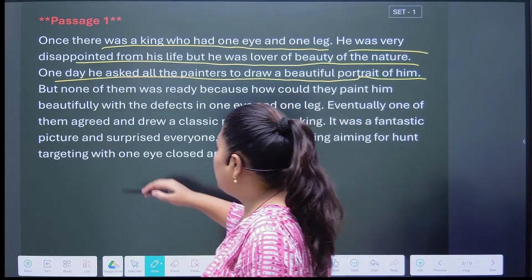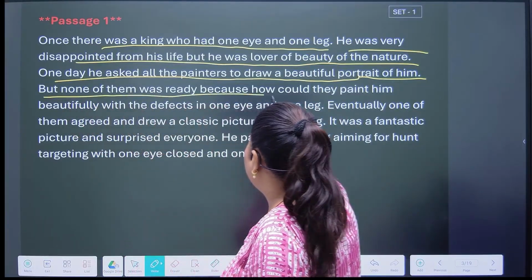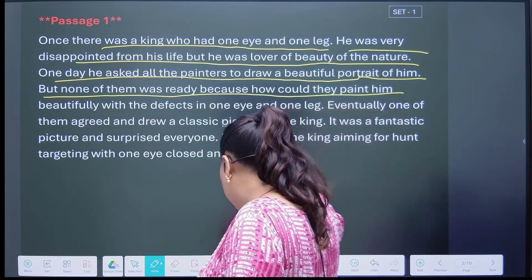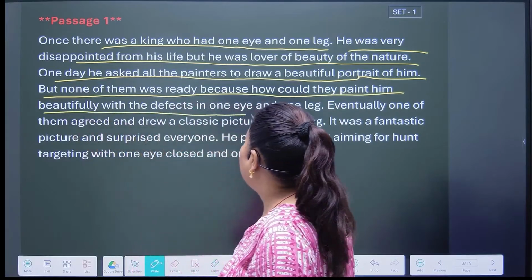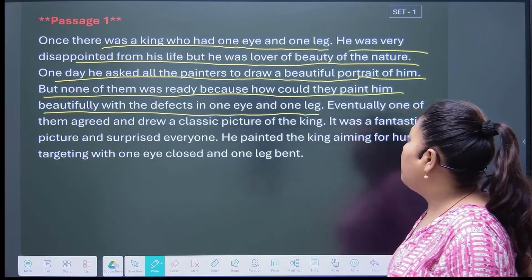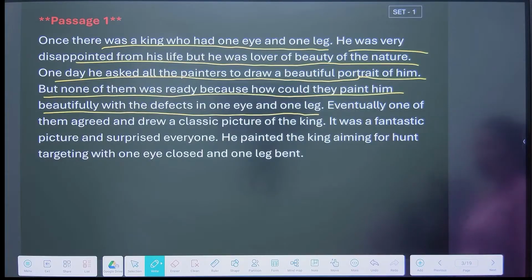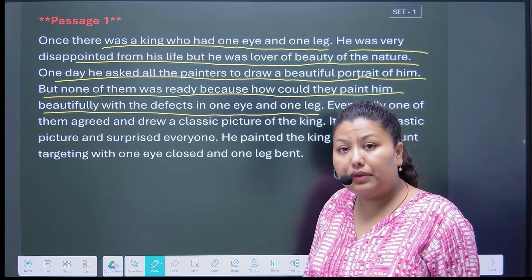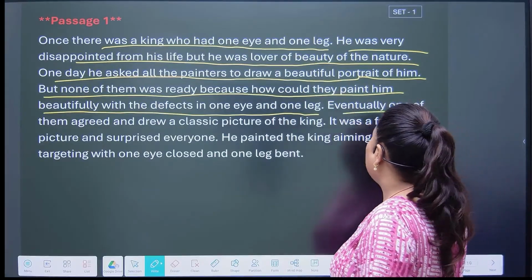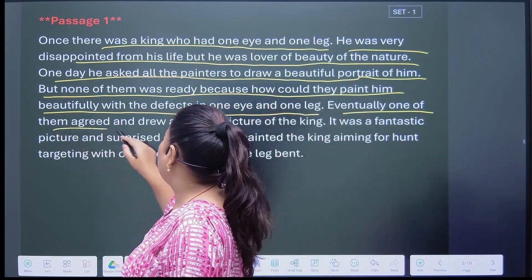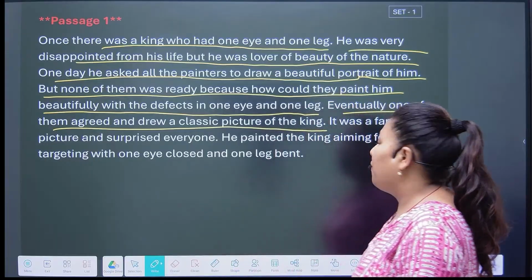So the answer is, none of them was ready, because how could they paint him beautifully with the defects in one eye and one leg? Next question. Eventually, what happened? So the answer is, eventually one of them agreed and drew a classic picture of the king.